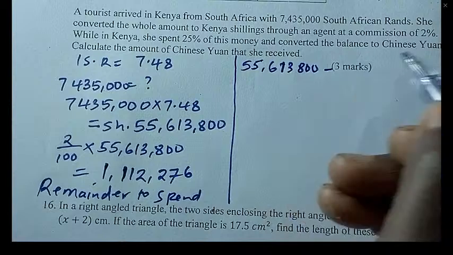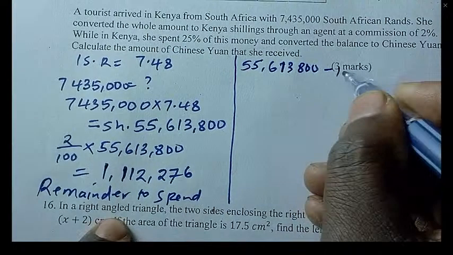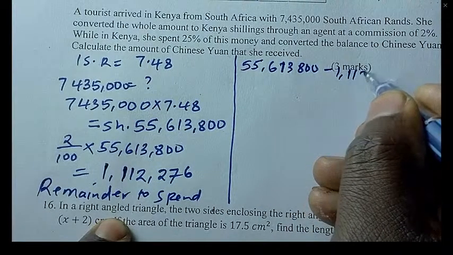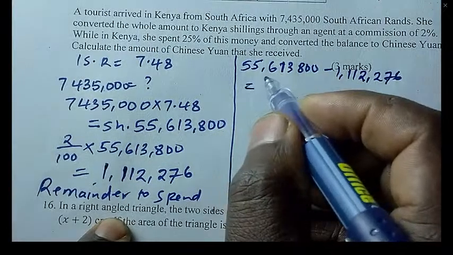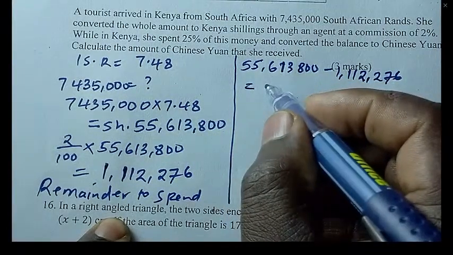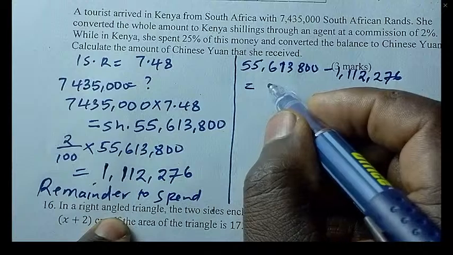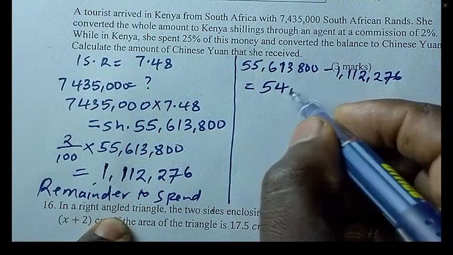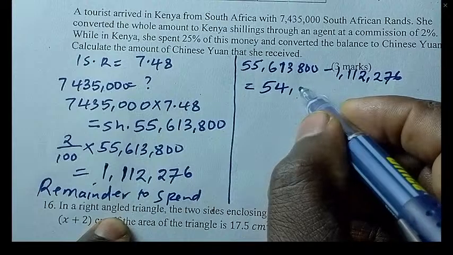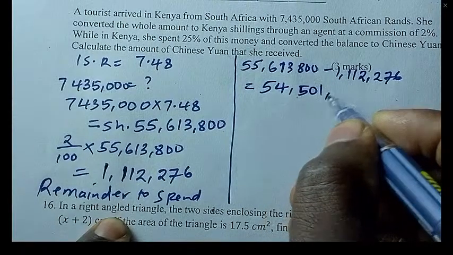You subtract 1,112,276. So what she is going to spend from is 54,501,524. What is remaining is 54,501,524.